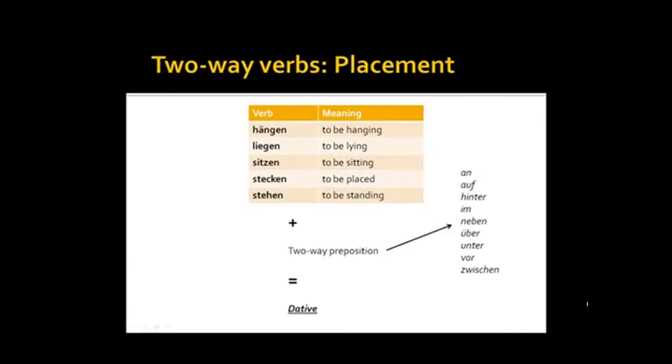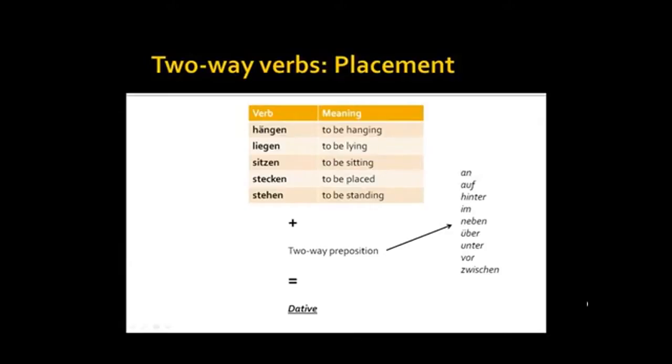Because recall, I'm not concerned about direction or motion or movement away from. I'm interested in position. So anytime in German I talk about position and I use a two-way preposition and one of those two-way verbs, I'm going to use the dative.